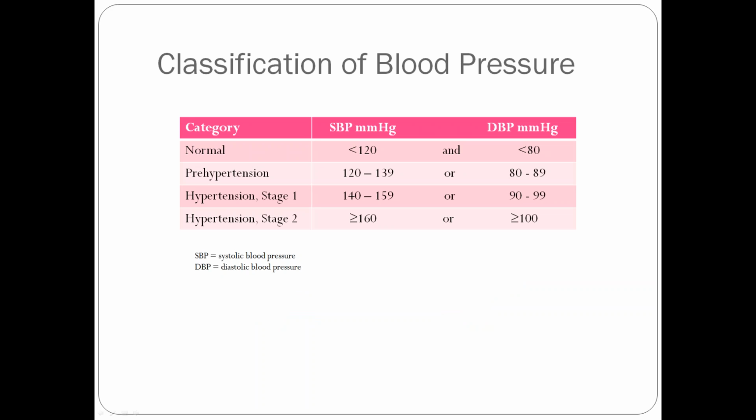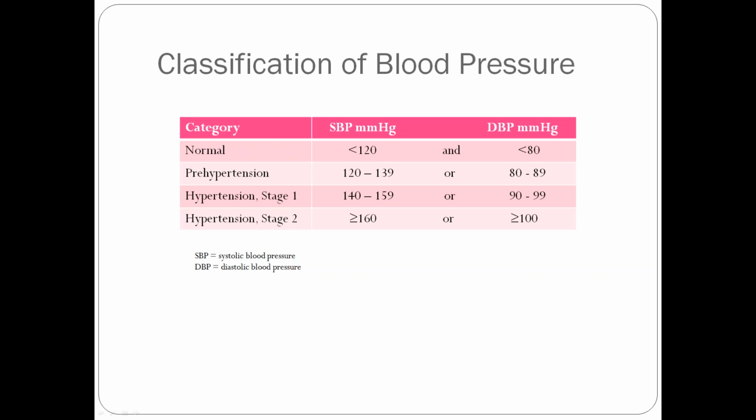There are 4 categories for the classification of blood pressure. Normal blood pressure is a systolic blood pressure less than 120 and a diastolic blood pressure less than 80 millimeters of mercury. Pre-hypertension is a systolic blood pressure of between 120 and 139 or a diastolic blood pressure of 80 to 89.